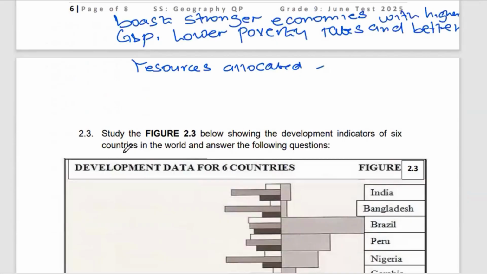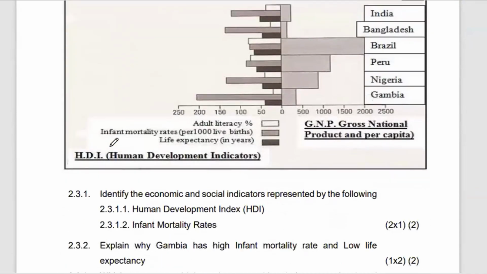Study the figure 2.3 below, showing development indicators of 6 countries, and answer the questions that follow. All right, identify the economic and social indicators represented by the following.